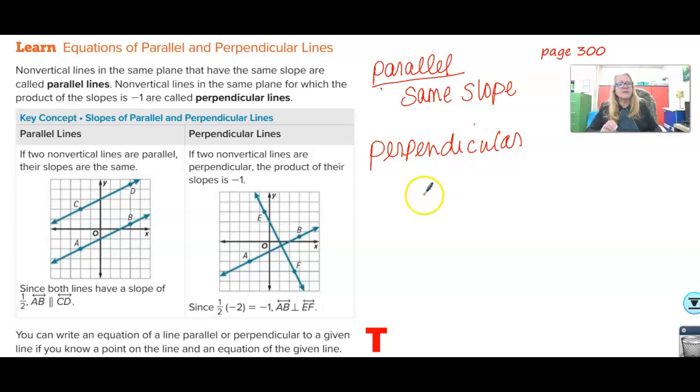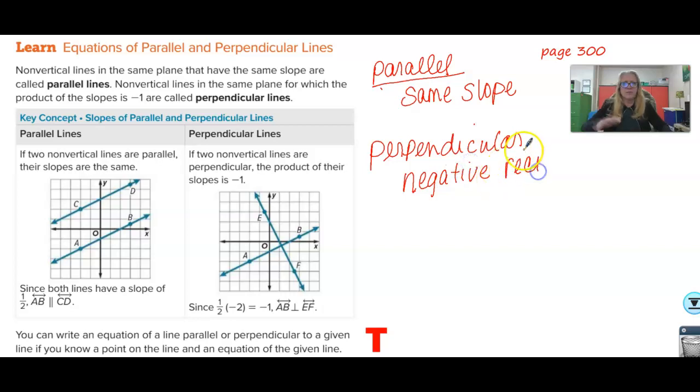Okay, perpendicular slopes are negative reciprocals of each other. I'm not sure if that's the exact terminology they use in the book, but I don't want to read all those words. So for example, if you had a slope of 2, the perpendicular line would have a slope of negative 1/2. You have to visualize this as 2 over 1.